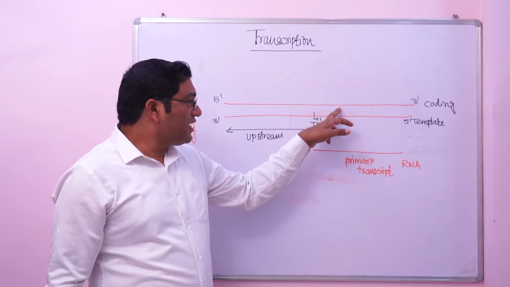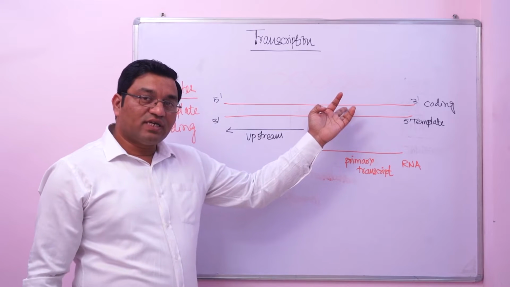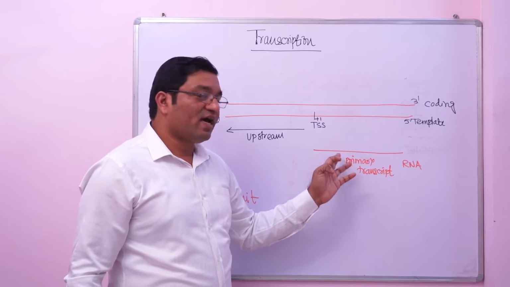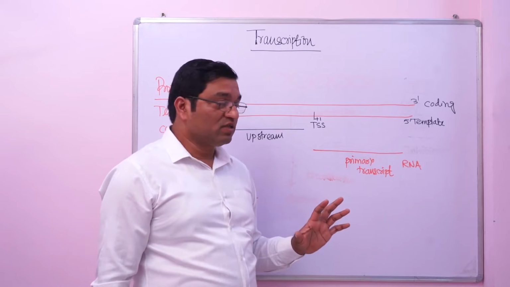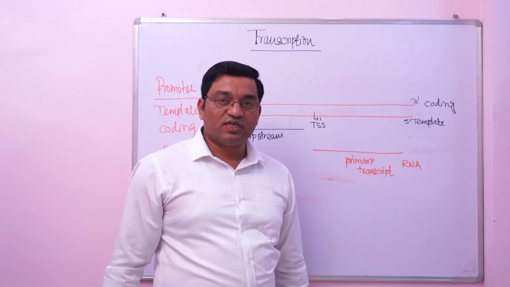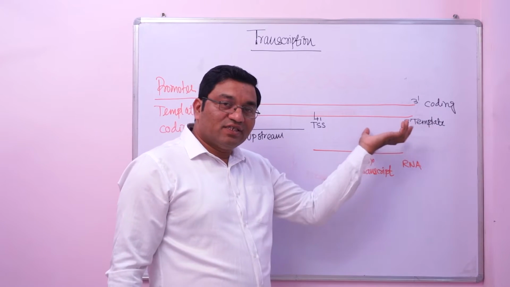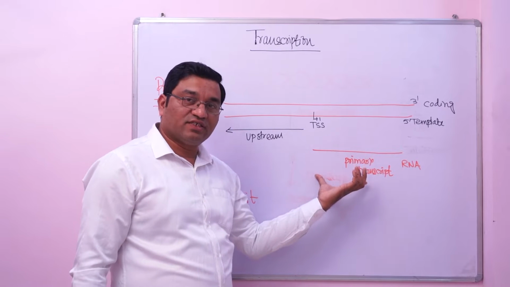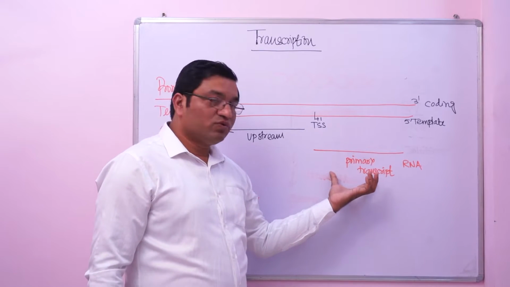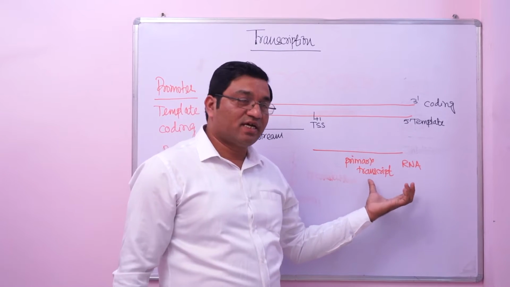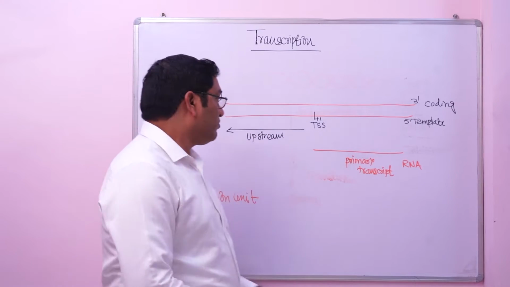The only difference is that the coding strand will have thymine and the RNA will have uracil. That's why this strand is known as coding strand. And template strand means it is the strand from which RNA is synthesized. Newly synthesized RNA is complementary to the template strand.